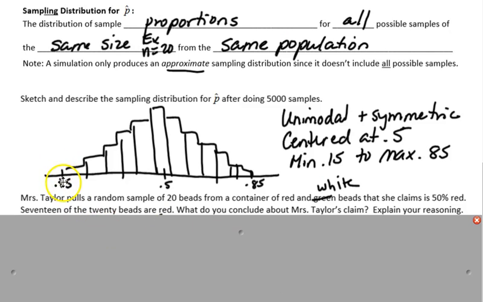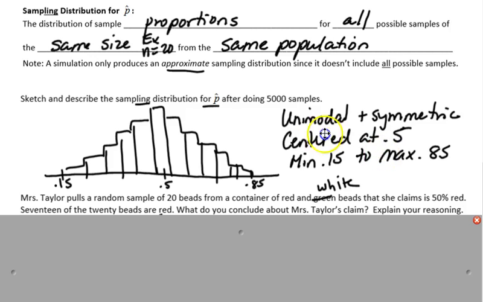It went from 0.15 to 0.85, and it was really shaped a little bit more steeply, but this is the best I could do in my space. We could describe it as being unimodal and symmetric, centered at 0.5 with a minimum of 0.15 and a maximum of 0.85. This is known as the sampling distribution for p hat.